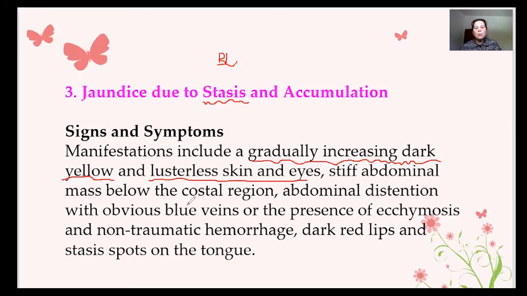They possibly also have stiffness in the abdominal muscles, below the costal regions on the abdominal area, and abdominal distension. And we can see the bruising, which may be coming from the heat, severe bruising coming from blood stasis, and maybe some bleeding spots.